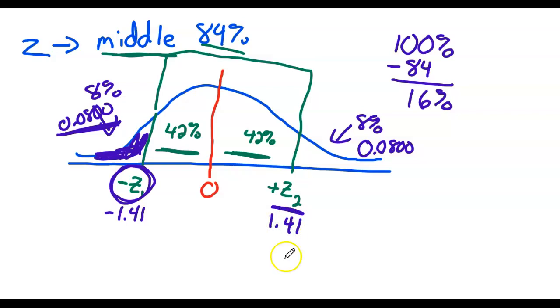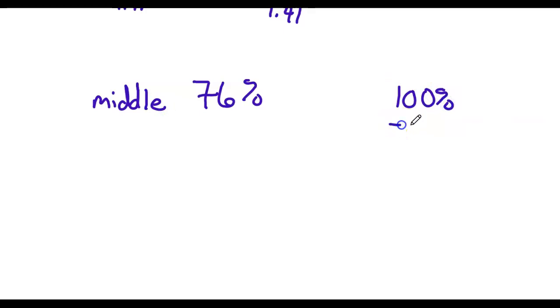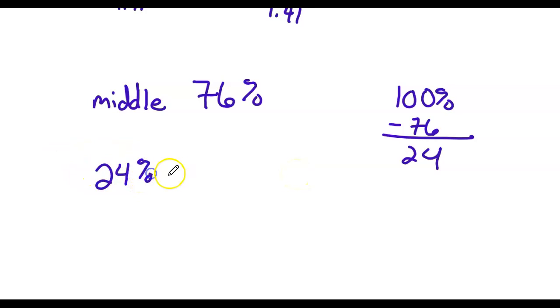Now I can do this with any percentage. For example, if I wanted a 76%, remember I'm looking for the middle 76%. Basically, what I would do is take 100 minus the 76, and I would get 24%. That would be what was left over in my edges. Then I would take 24% and divide it by 2 because I have 2 tails, which would give me 12%.